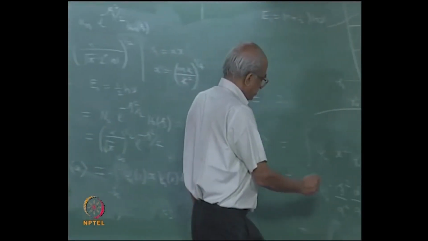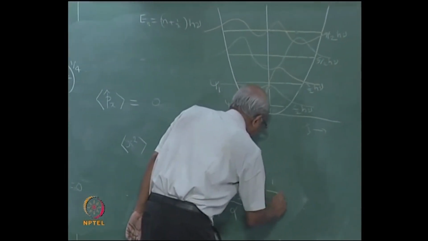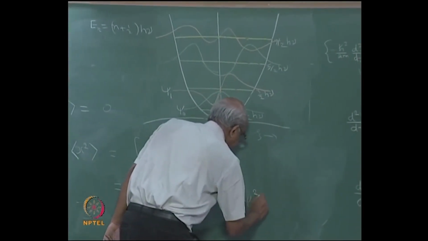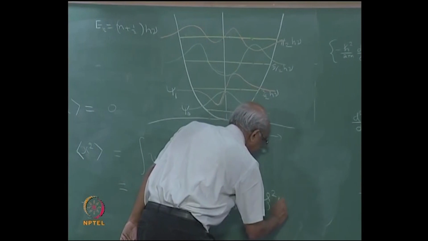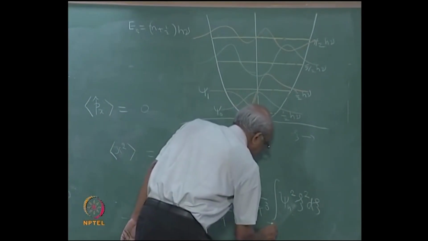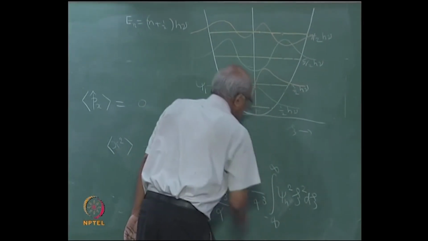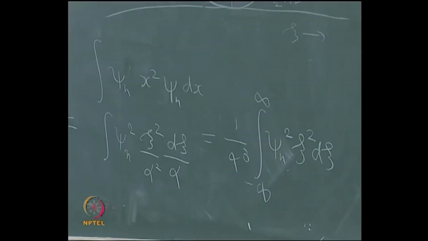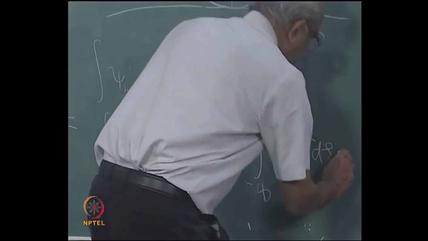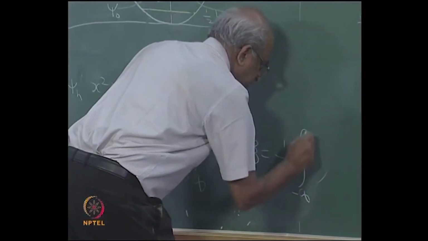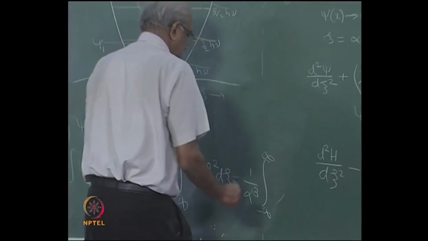So, what happens is you will get 1 by alpha cube integral psi n square c square dc from minus infinity to plus infinity. And this is actually equal to 1 by alpha cube, minus infinity to plus infinity. Let me substitute for psi n square.